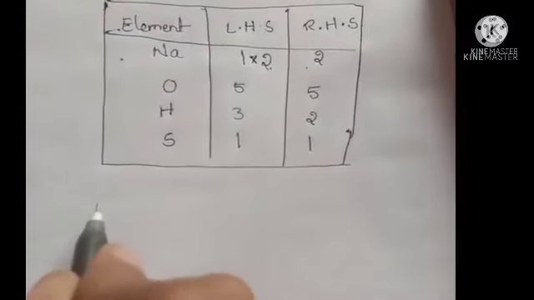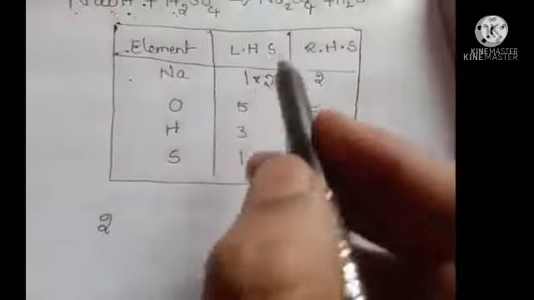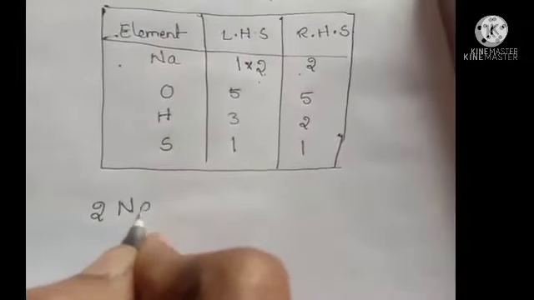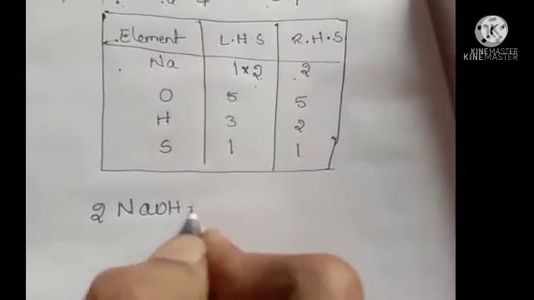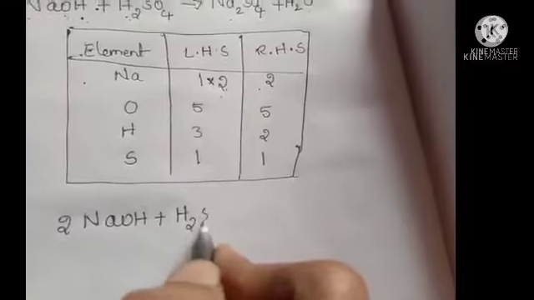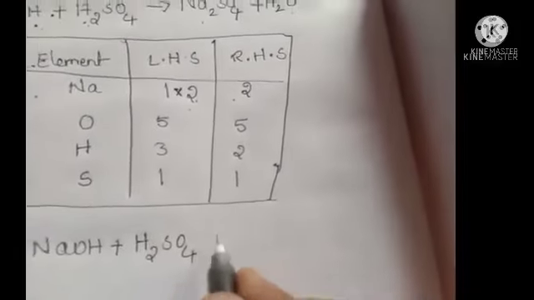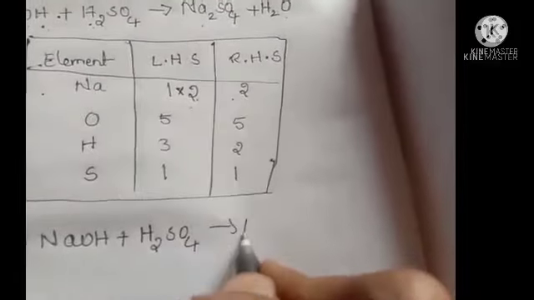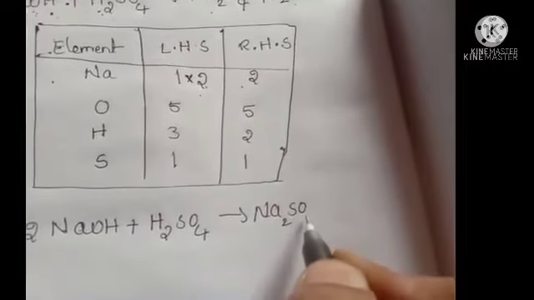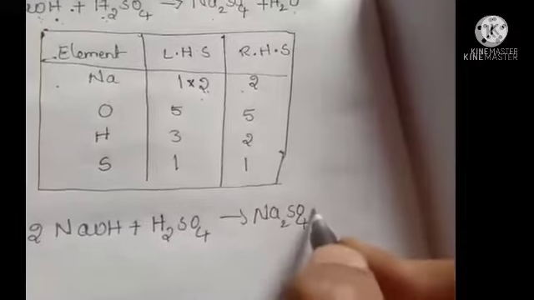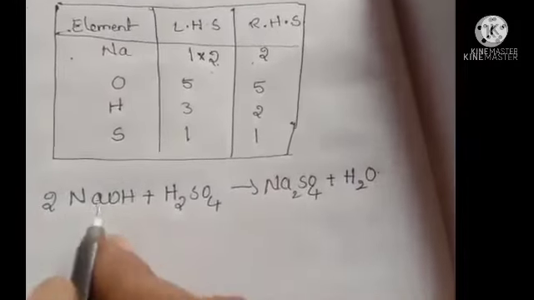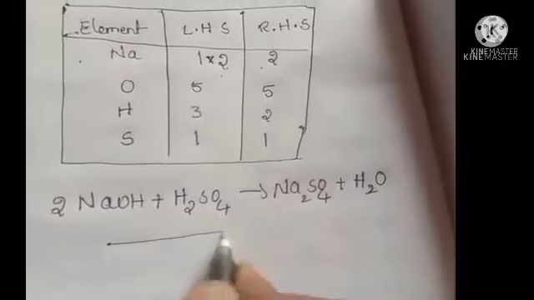Now we write 2 NaOH plus sulfuric acid H2SO4 gives rise to sodium sulfate plus water molecule H2O. Now again draw the tabular form.